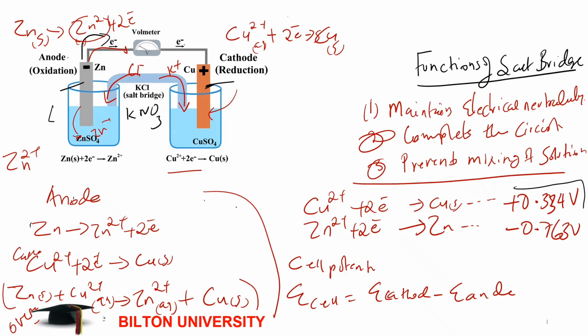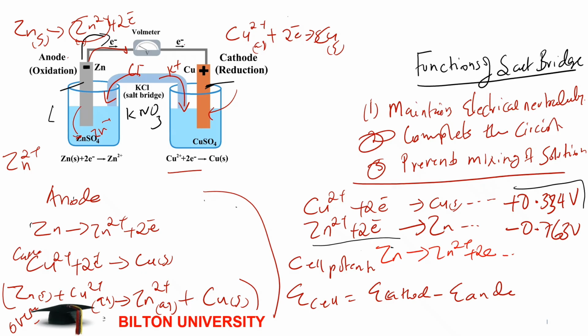That means we are going to reverse the equation for zinc so that it becomes the anodic reaction. So we have zinc going into zinc 2+ plus 2 electrons.